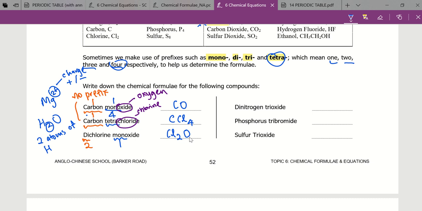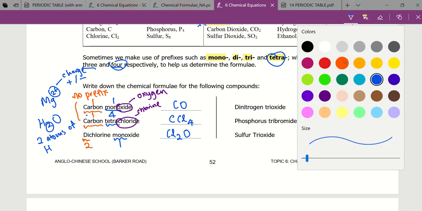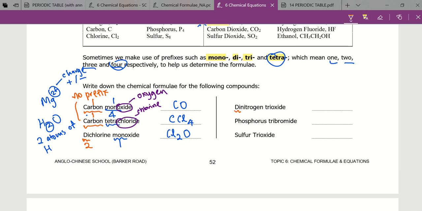Okay, moving on, I have dinitrogen. So di means 2, right? And then I have trioxide. Tri means 3. So what is our chemical formula here? Can take a guess first. Alright, so this should be N2O3. Okay, moving on.